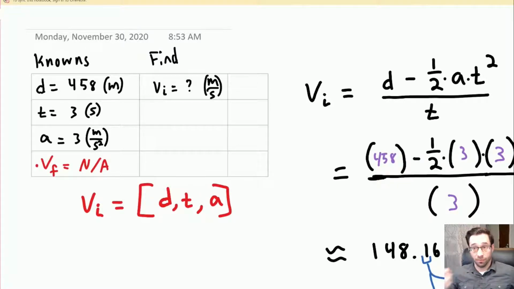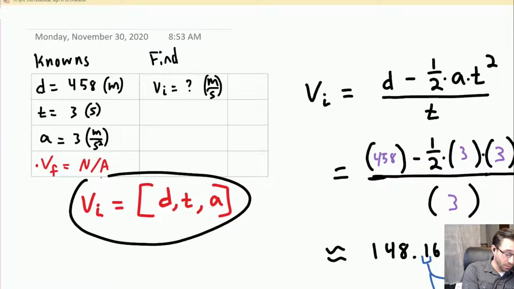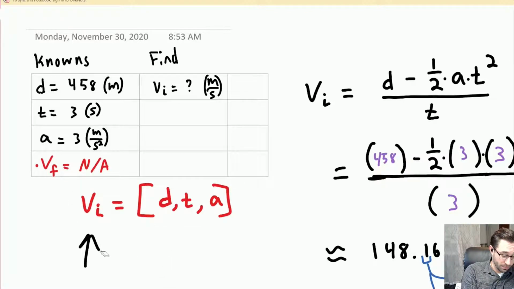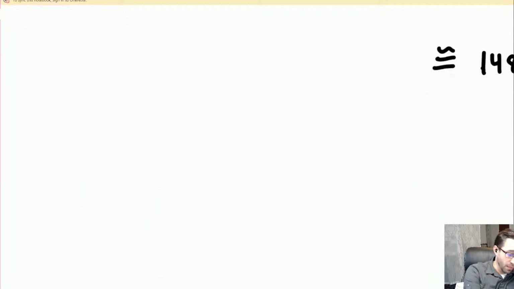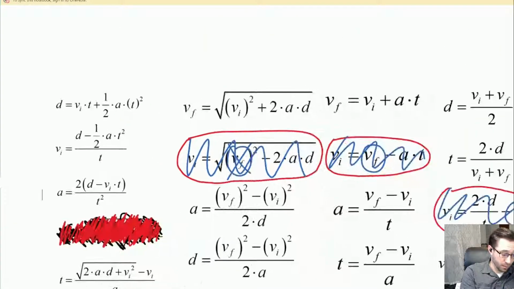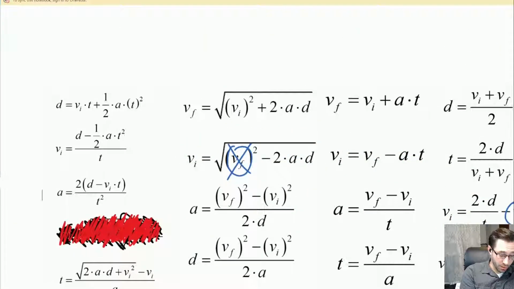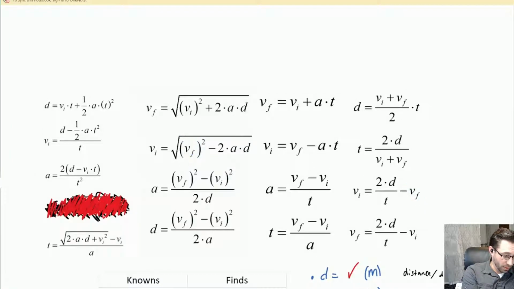After I've gotten my find and my knowns, I then try to find an equation that has the find on the left side and my knowns on the right side, and then I use my handy dandy equation sheet that I went ahead and solved algebraically.